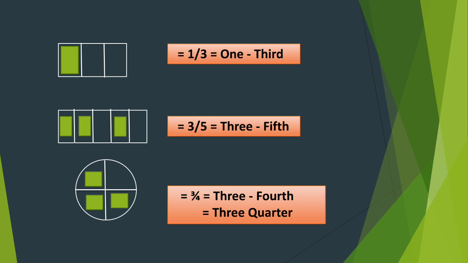Next, in the circle, we can see 4 equal parts with 3 green colored. Total 4 and 3 colored green. So 3 by 4, that is 3 fourth. Also we can say 3 quarter.